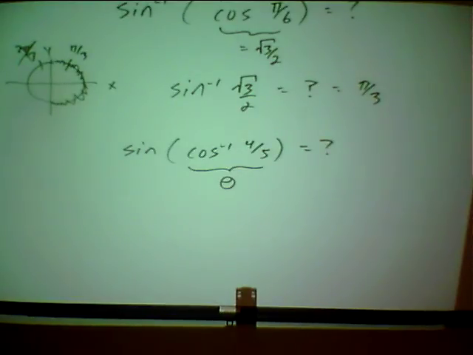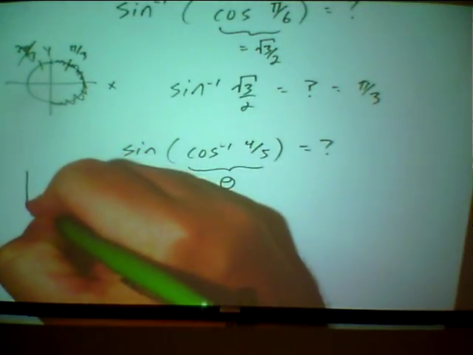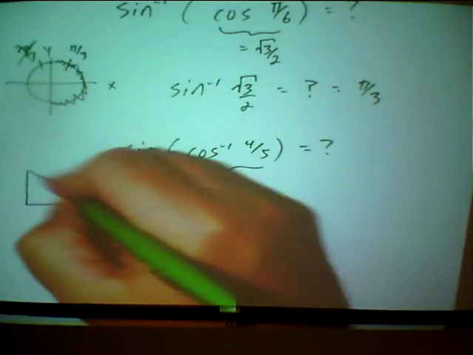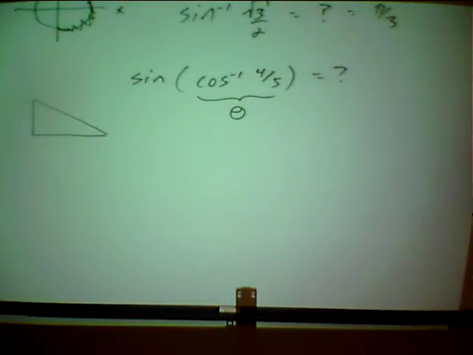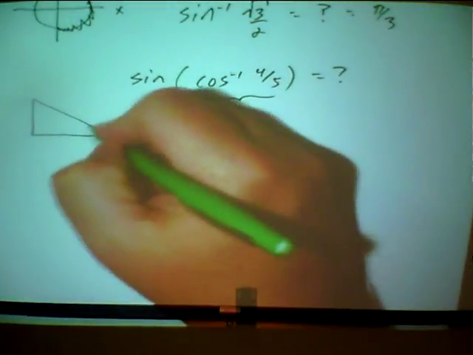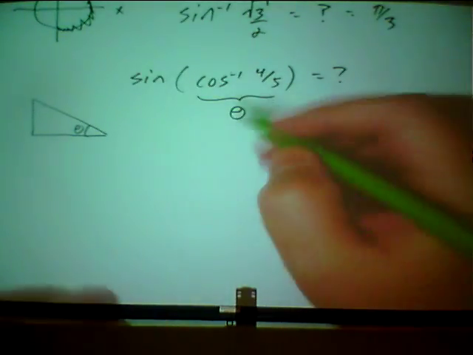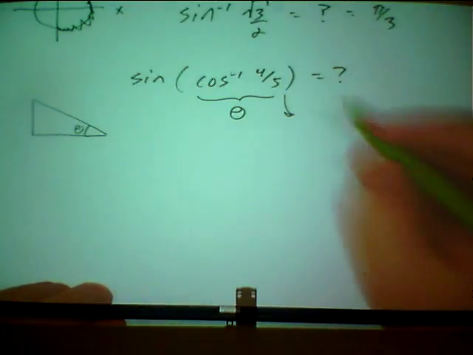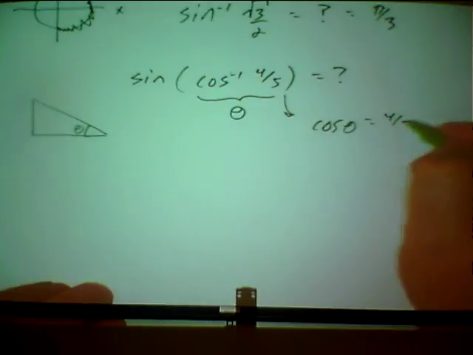I'm sort of stuck. So what you do is take this little fact and create a right triangle, just like we did when we first started working with trig functions. Since we're talking about cosine, here's my angle. Another way to write this is the cosine of theta equals 4/5.